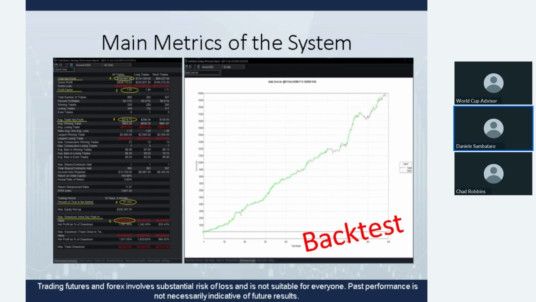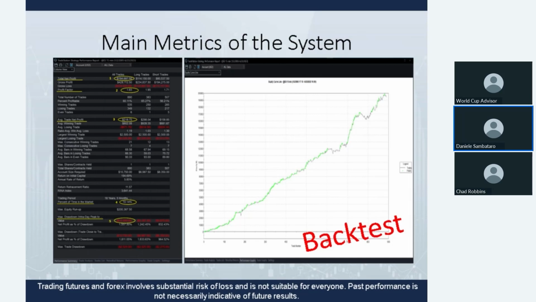On the left side, we can see the main metrics of this trading system. Here I have pointed out the ones that I think are the most important. First, of course, the net profit, the circle number one, is important, but you have to look at that in relation with the drawdown, which is inside circle number 5.